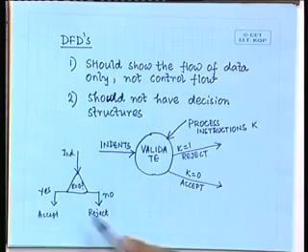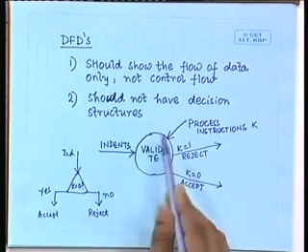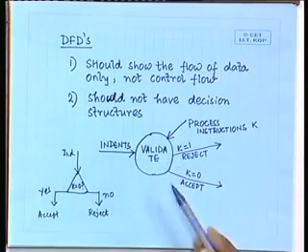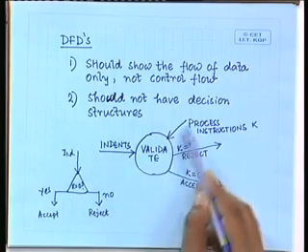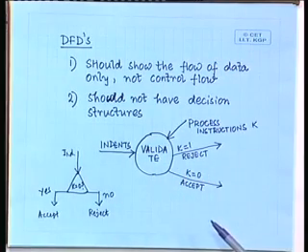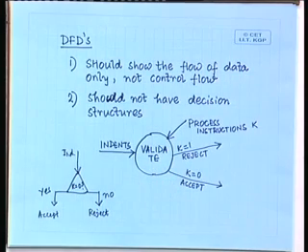Now, if you try to show this directly in a DFD and just put a process symbol here, call it validate or something, and then indents are coming, and then process instruction, and then say k equal to 0 accept, k equal to 1 reject, this is actually showing the decision structure.